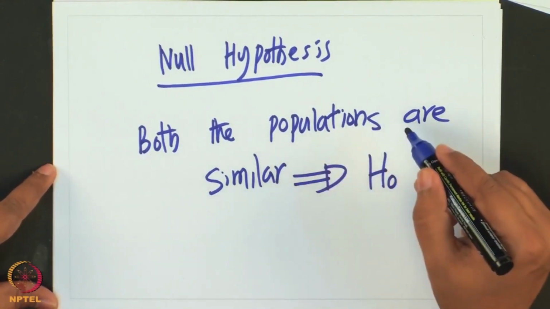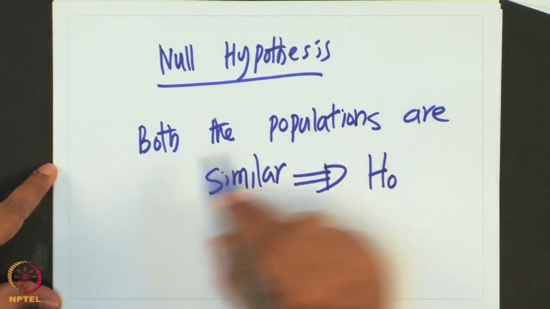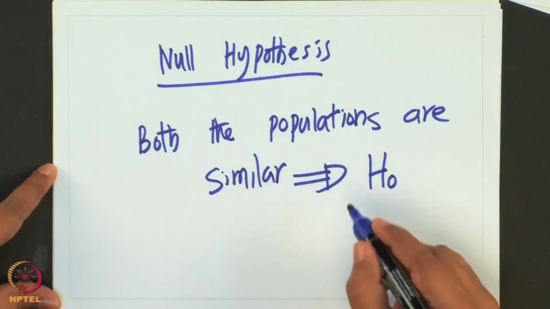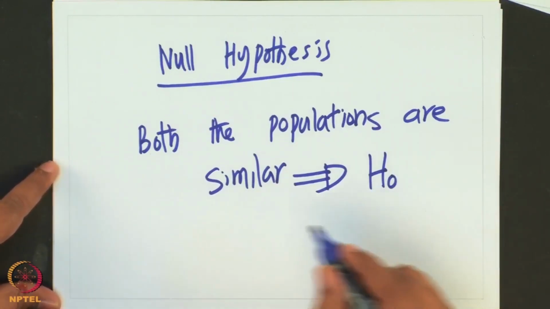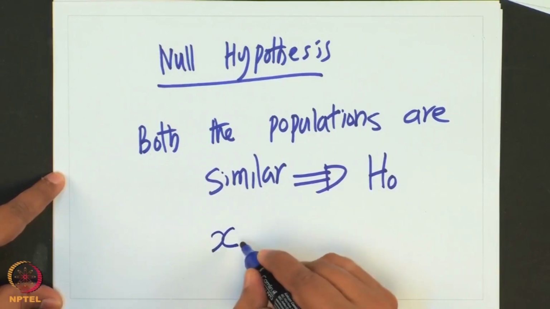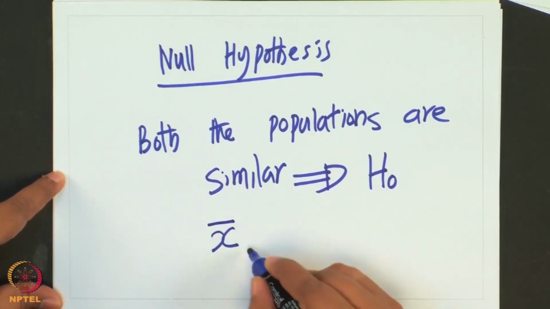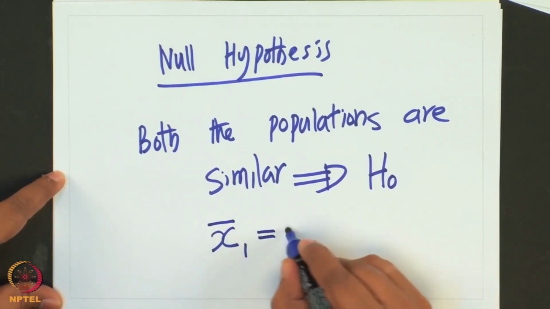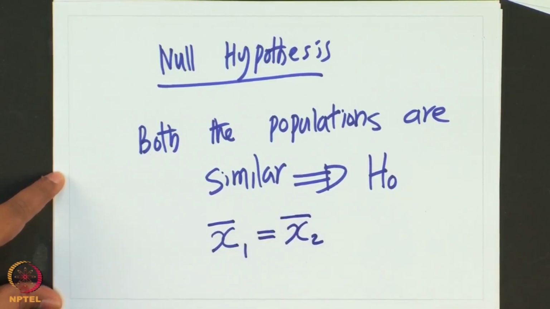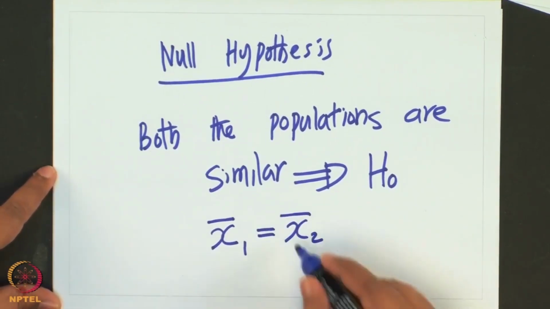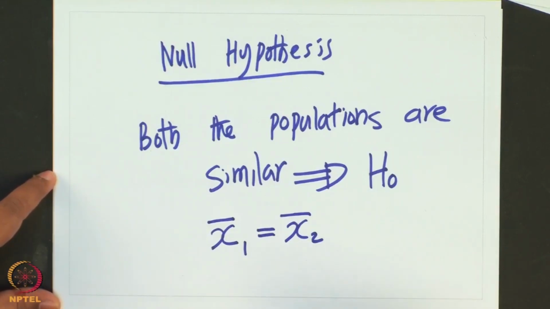Both populations, which would also mean the mean from the first population is equal to the mean from the second population. Or sometimes you would compare against a fixed value. 37 degrees Celsius for fever is a fixed value.